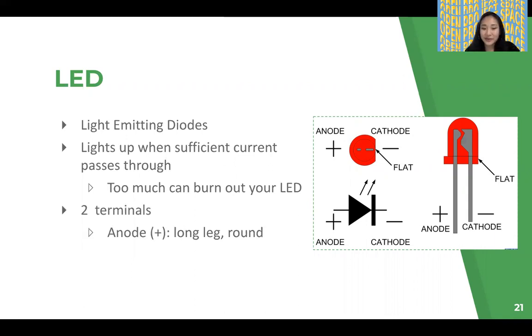There's the anode, the plus terminal, and the minus terminal. It's kind of hard to determine by the length of the legs, so I usually go by the things inside. The round edge will be the positive side, and the flatter edge will be the negative side.